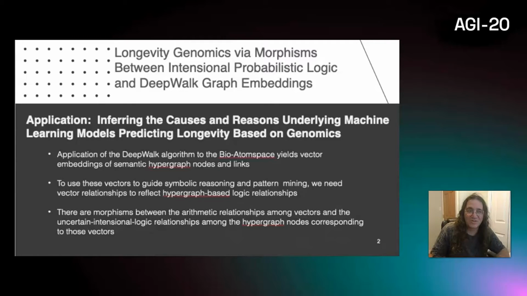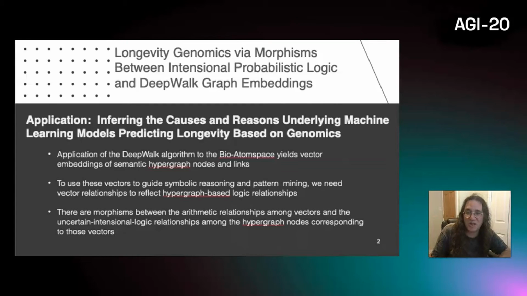And if you have an arrow between two vectors in the embedding space, then that can correspond to a sort of directed relationship called an intensional difference, like a directed property difference between the nodes and links in the knowledge hypergraph.